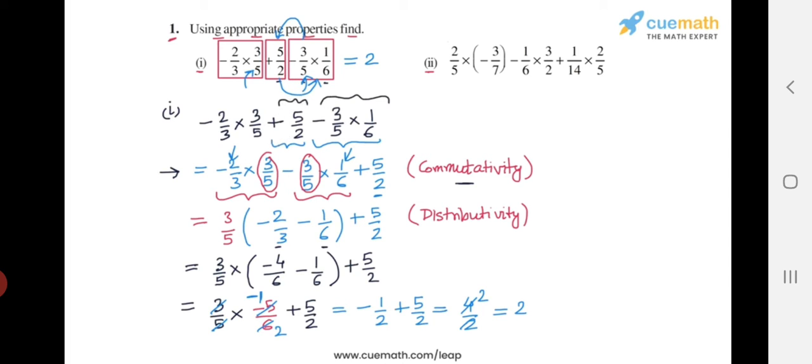But you might say, hey, this was a positive number, and then we were subtracting this number from 5 by 2. So basically if you look at this part of the expression, the second and the third terms, this is of the form a minus b, where a is 5 by 2 and b is 3 by 5 into 1 by 6. But subtraction is not commutative.